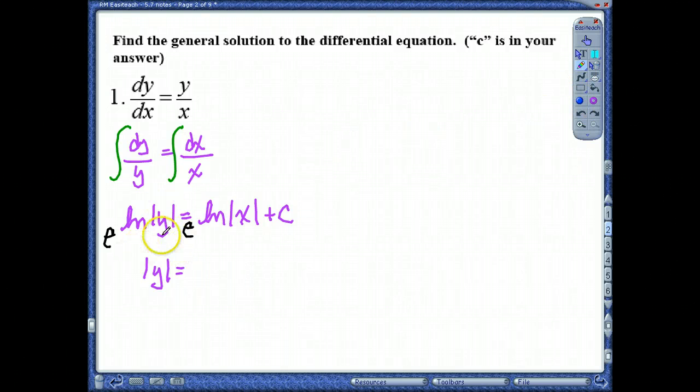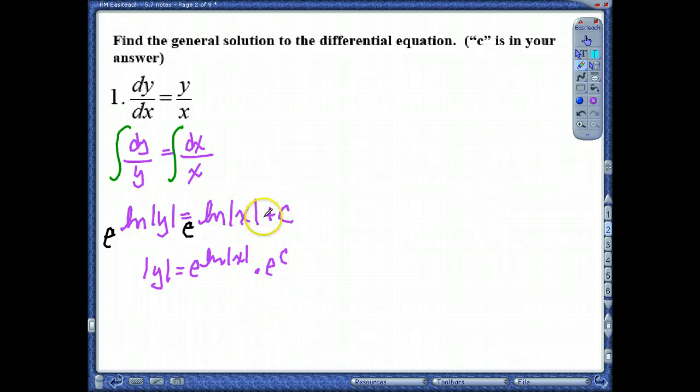Okay. Now, on this side, I made a mistake like many other people make, in that we feel like we can just go ahead and rewrite this as the natural log of x plus c. We really can't because of the plus c. What we can do is rewrite it using our properties.